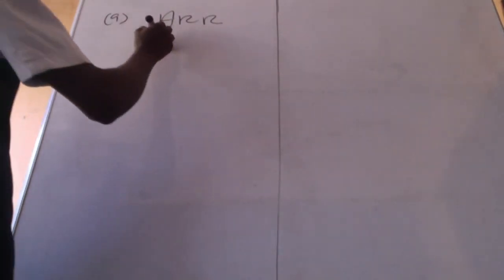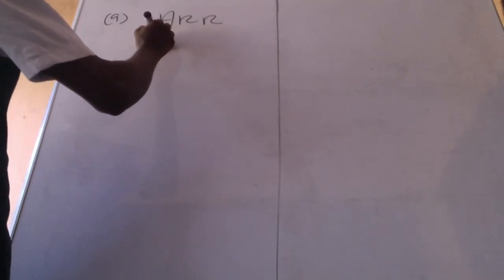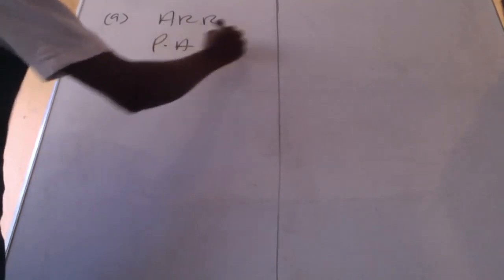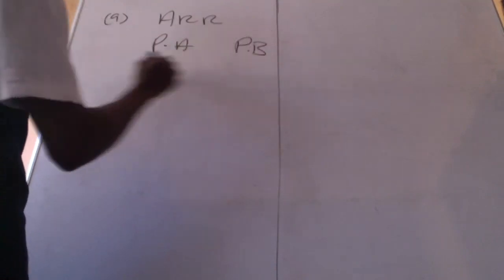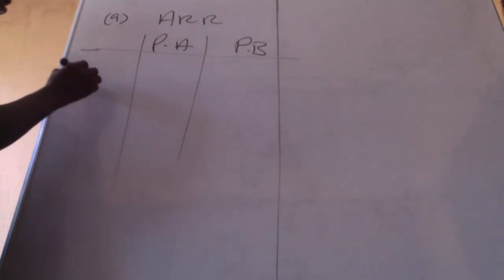So accounting rate of return, ARR. That's the first work that we are doing. I'll do project A, PA, and project B. Good. So we will start with the cash flow and massage it to get the profit. It's 4 years.